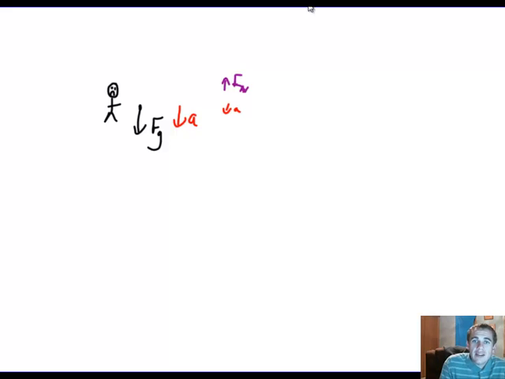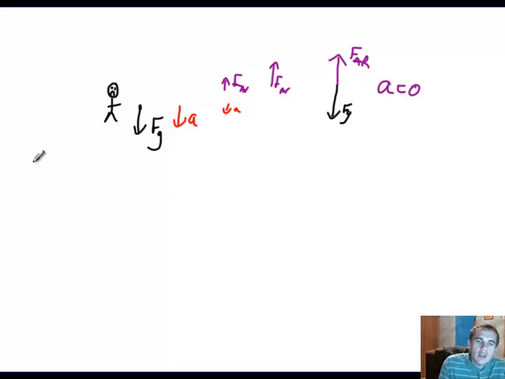But as he's getting faster, this force of air resistance keeps getting bigger. So eventually, the force of air resistance will exactly balance the force due to gravity. When this happens, the person doesn't stop falling, the person stops speeding up. So the acceleration here would be zero. These two forces exactly balance.